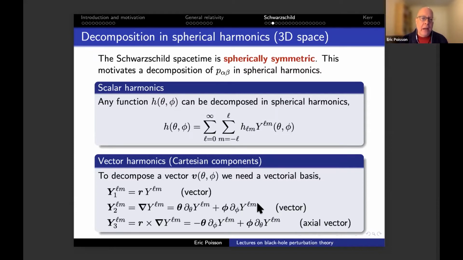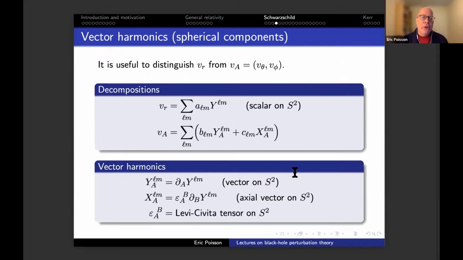Okay, so let's move on from here. What I'm going to do here is to introduce a notation a bit more explicitly that distinguishes between the radial direction and the angular direction. Because I'm really focusing on the spherical symmetry of the Schwarzschild spacetime, or I will move to that in a minute. So I really want to distinguish the sphere from the remaining part of the spacetime, which lies in the t and r directions.